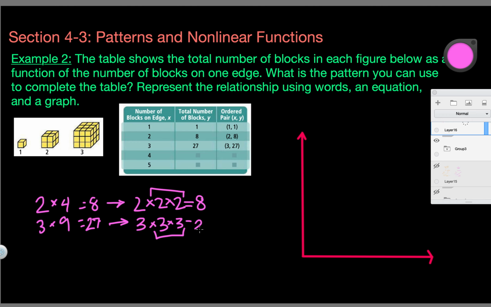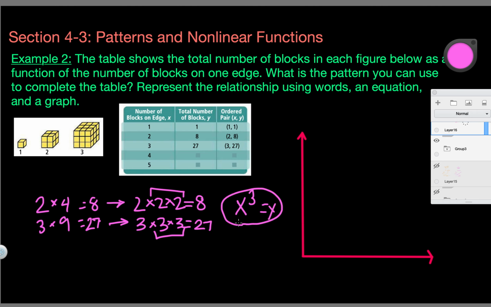And I get that 27. So it seems to be that you're multiplying however many blocks are on the edge, whatever this number is, to itself 3 times. So the way that we can represent that is we can say that it's going to be x to the 3rd power equals y.